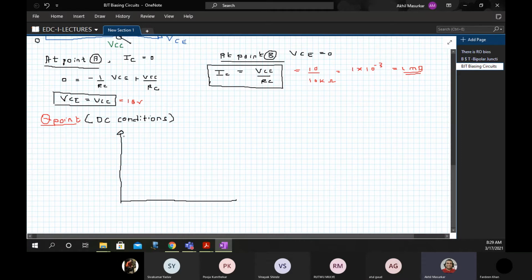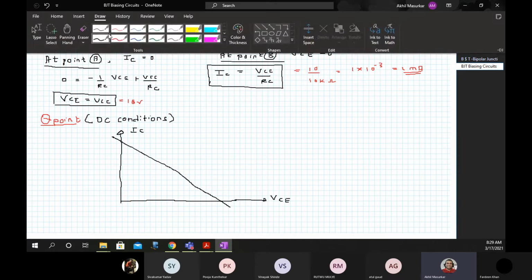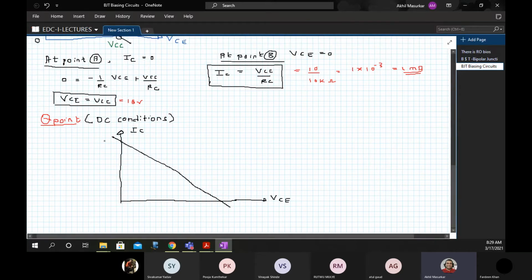So let us say this is my DC load line, like this. Here we have VCE, here we have IC. Let us say this is like an ideal transistor.